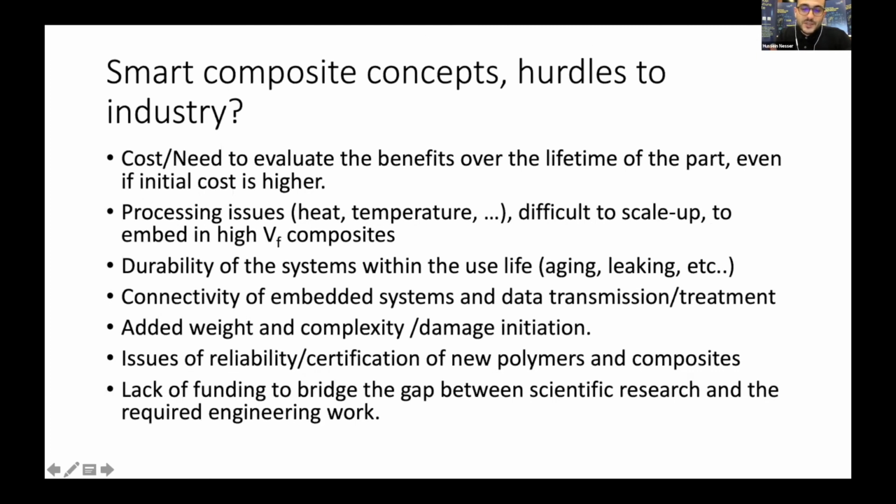But if we look at the application or the industry, it's very small, as Véronique mentioned before. So what do you think is the problem or the obstacle to transfer this research to industry? Maybe the reliability, maybe the cost of fabrication, maybe I don't know.